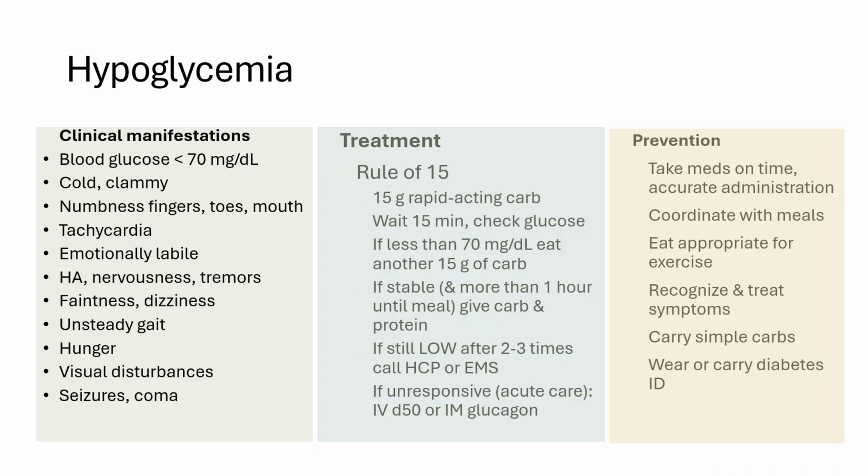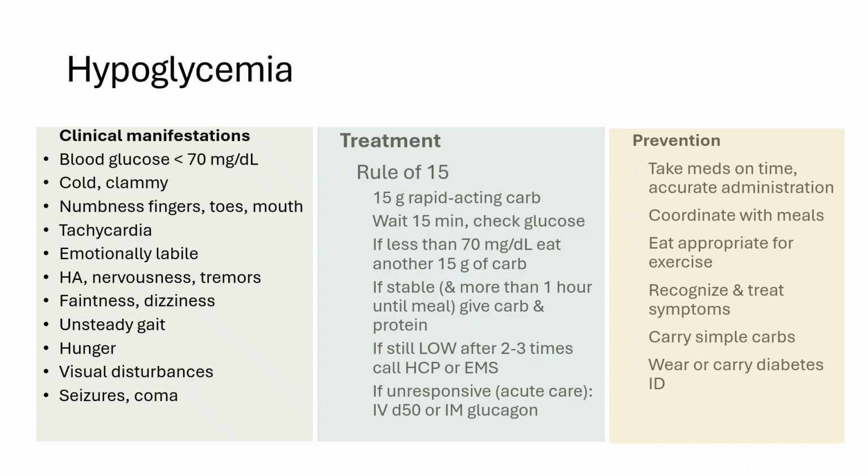We would definitely give the treatment of the rule of 15, which I just already talked about, and things that we can make sure that we do as far as preventative: take the medications on time, accurately administer insulin, make sure that you're using the correct syringe. We only use syringes that are in units. We use no other syringe in order to administer insulin.